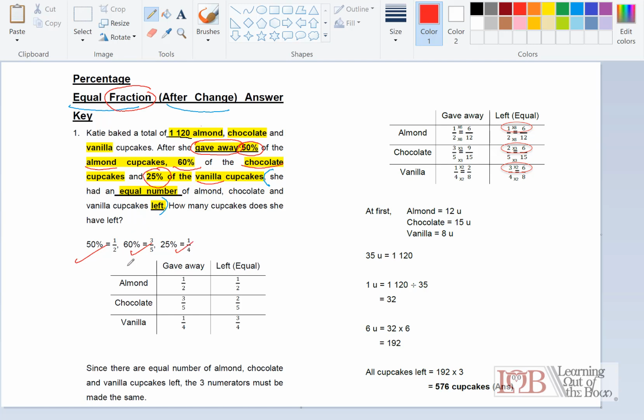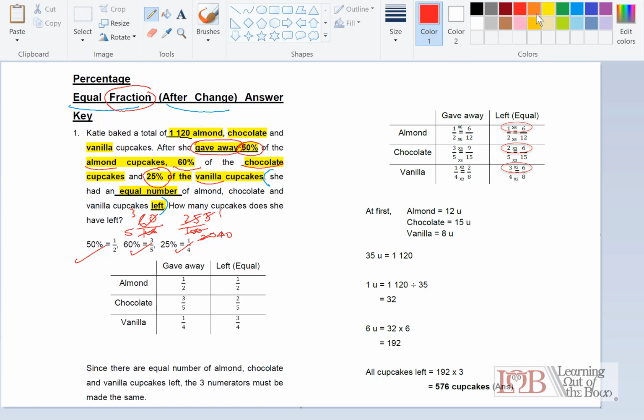If you don't remember this, you will have to do the long way, which is 60/100, and you do simplification. And this is pretty slow, because compared to someone who can remember everything, they would have saved probably 1 to 2 minutes more than you.